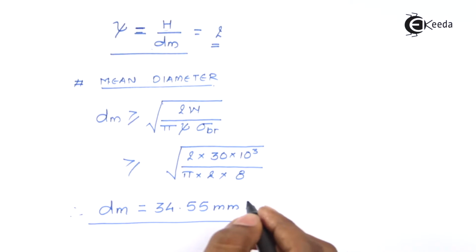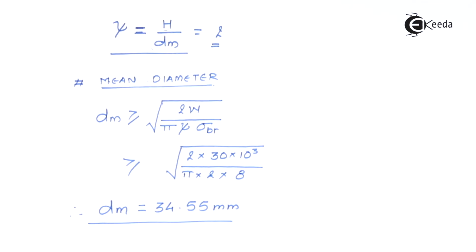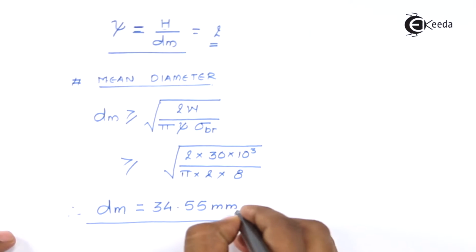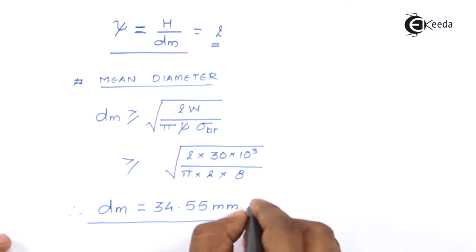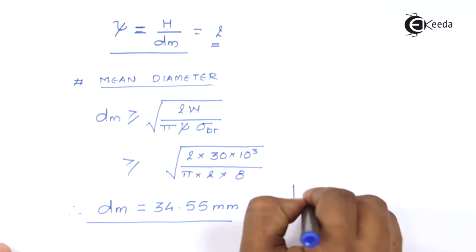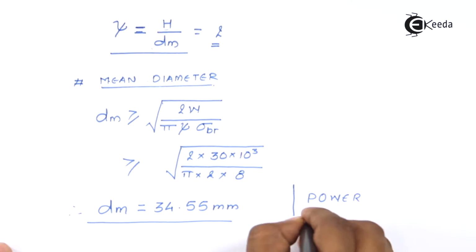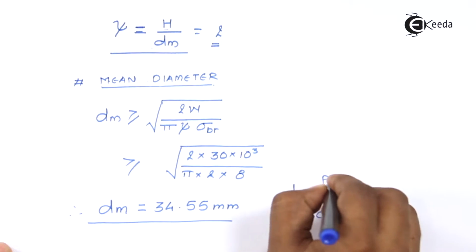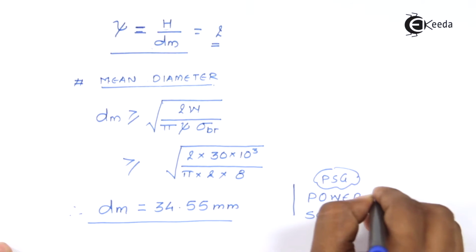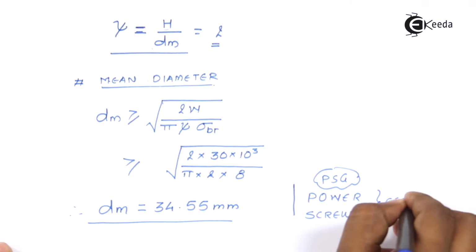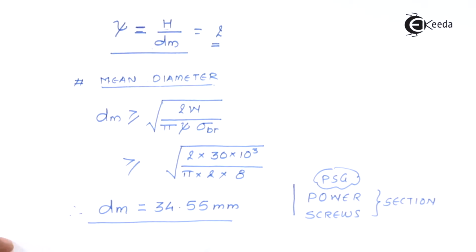34.55 millimeter. Now this value is a fraction, so let us go for the betterment of this value. So let us round it off. If you again refer to the PSG data book, power screws section, you'll find that there is a standard table given for the available values.